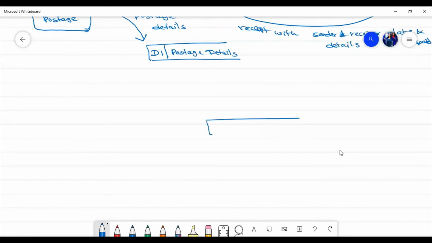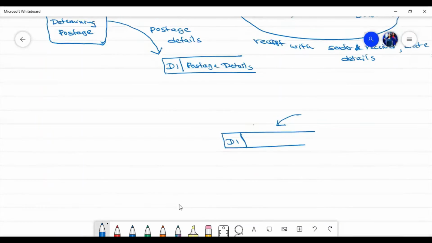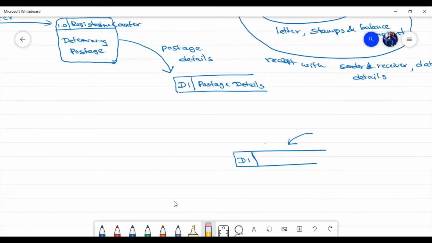Here, let's say we have a data store, and if we have an arrow like this, this is reading. Reading means the arrow goes out of the data store. This is write, and this is read. So from the data store, we are taking out data, postage details.